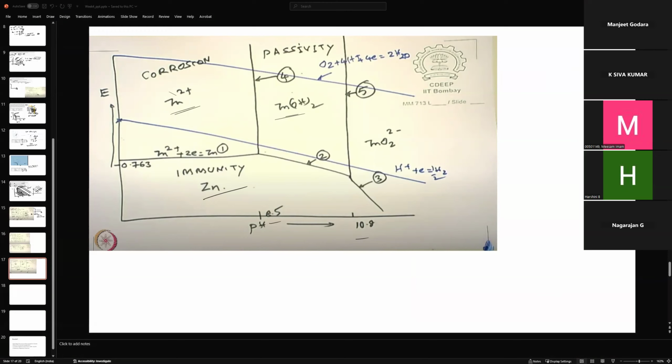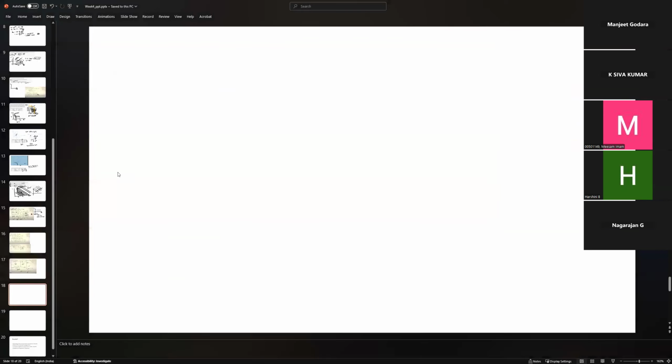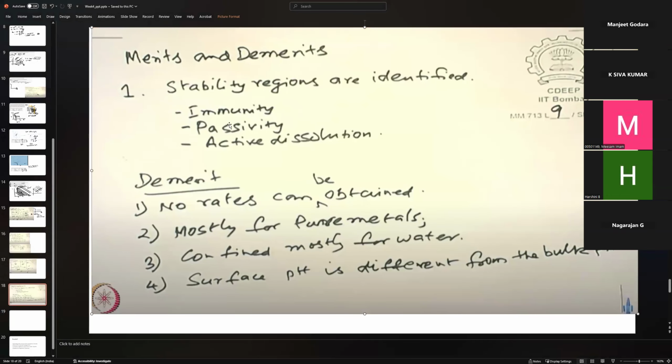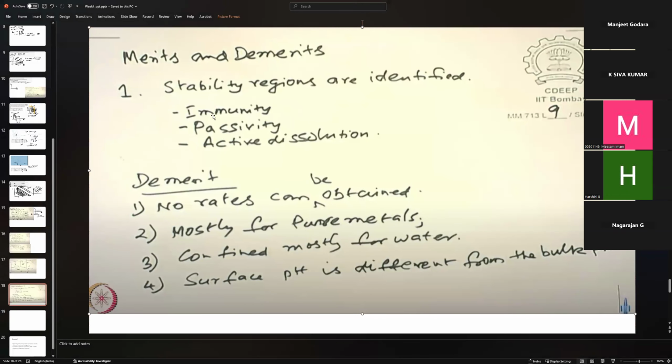And then I think there were some limitations of the Pourbaix diagram. It doesn't tell us anything about the rate. We can identify the immunity region where the metal is not getting corroded.